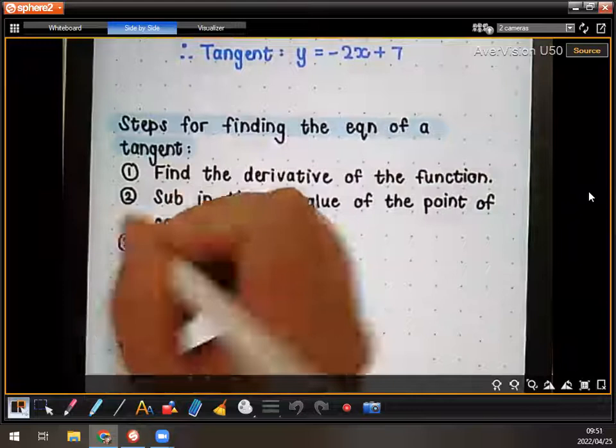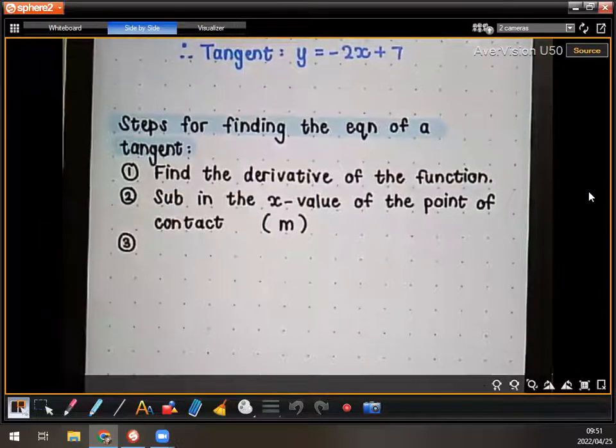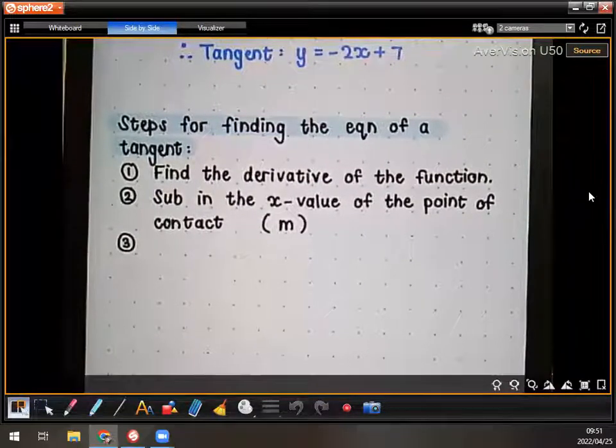Then step 3, you will sometimes have to do, other times not. In our question, they just gave us the x value of the point of contact. All right, so before we could sub that point in, we had to find the y value of the point of contact. But sometimes, guys, they will just give you the point, right? They could have also just said at the point 2, 3. All right, then you don't have to find that y value.